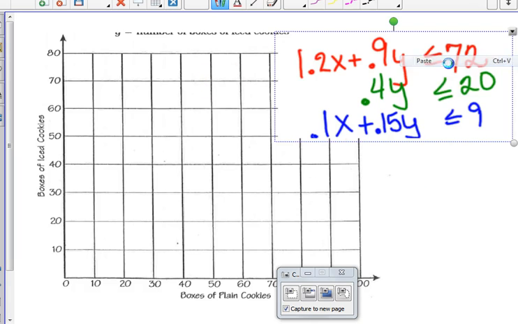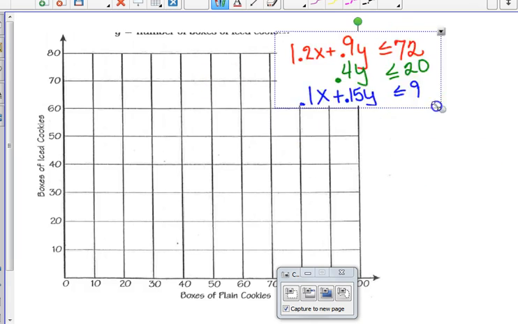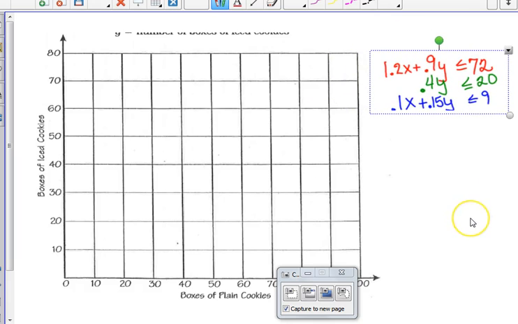Okay, here's our equations. The red one I'm going to do in red. I am going to put 0 in for the X, and then it will say 0.9Y equals 72. If I divide, I get 80. You take my word for it.